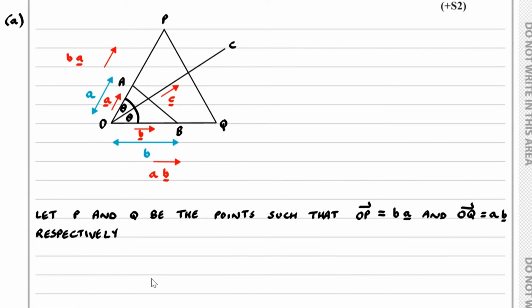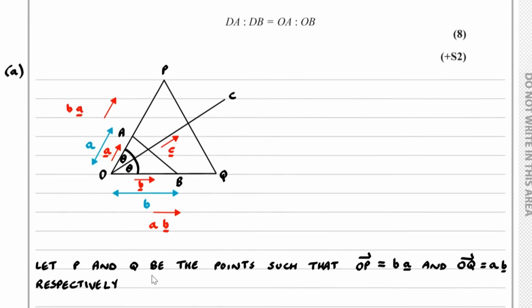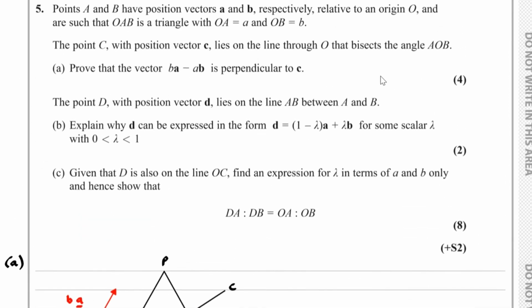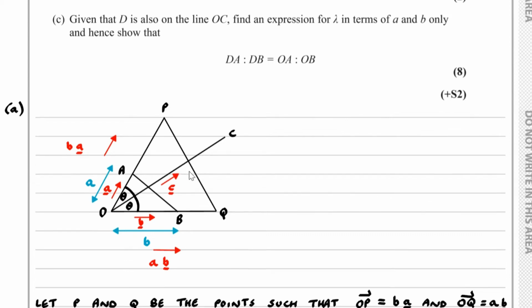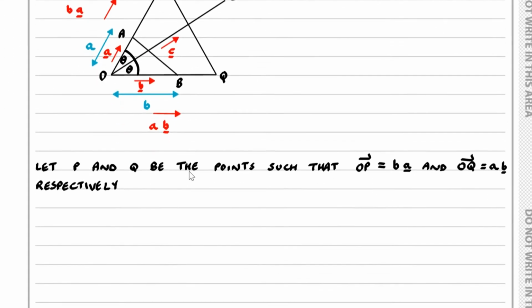Now, what we can do then is, well, if we go to the question, I know that the point C with position vector c lies on the line through O and bisects the angle AOB. And if it bisects the angle AOB, that means this angle is theta and this angle is theta. So what we will do to begin with is find out the magnitude of OP.